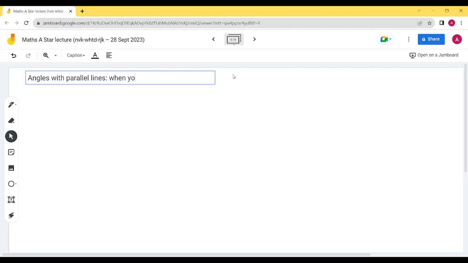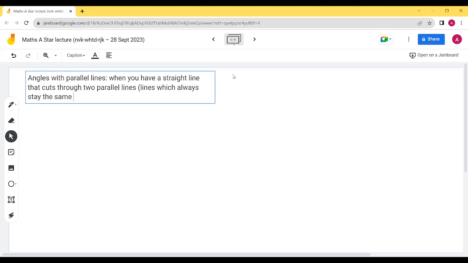So basically, when you have a straight line that cuts through two parallel lines, and parallel lines are lines which always stay the same distance from each other, a number of angles are created, and there are special rules for these which you can follow. So we're going to go through some of these rules here.